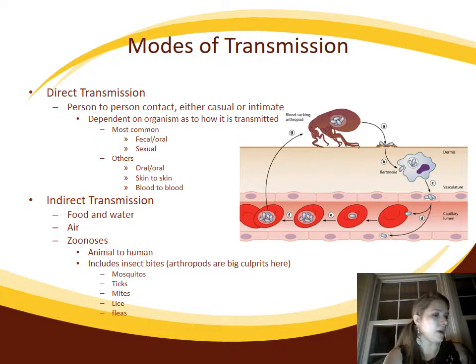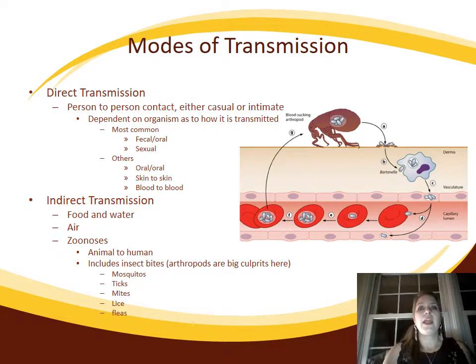It can come from air, and it can come from what are called zoonoses, which means animal to human transmission. And arthropods, these little suckers, are huge culprits for the insect bites.